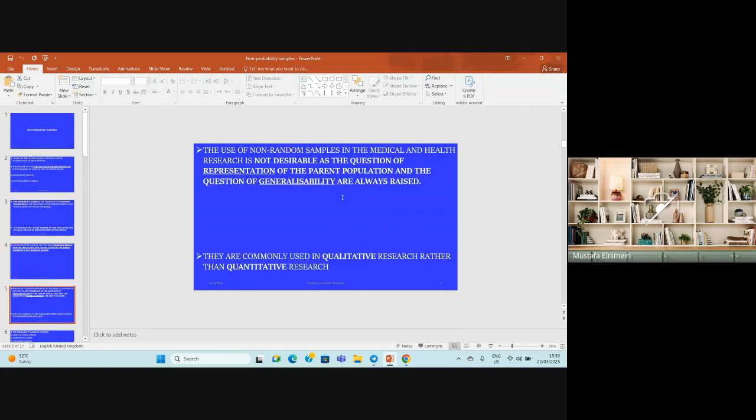The use of non-random samples in medical and health research is not desirable in all situations. Always we have the question of representation of the parent population and the question of generalizability of the findings of the study or the survey. So they are commonly used in qualitative research rather than quantitative research.